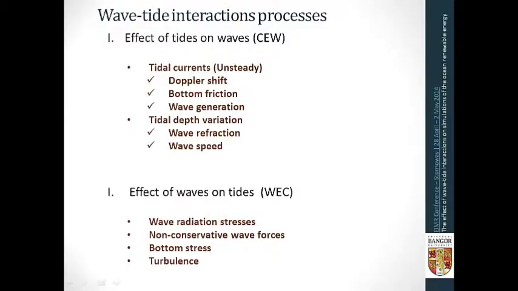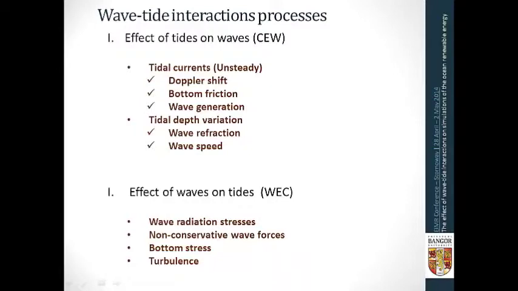In terms of the physical process, simply tides can change waves. A very simple thing is that if you have tidal currents, they will change the frequency of waves. That we call Doppler shift. And they have other effects. If you have a vertical tide, it means that you are changing the water depth, and it means that you are changing the wave propagation.